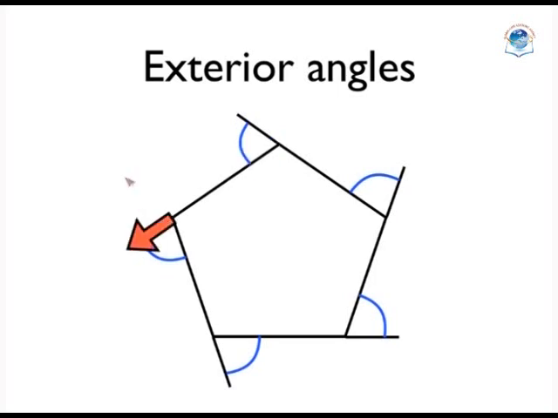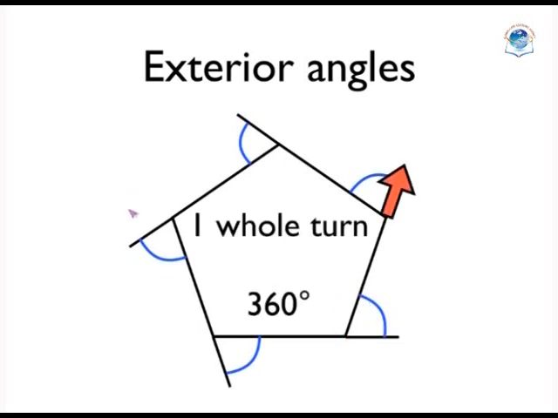We keep doing that, rotate and move. Rotate, move. Finally rotate and move back to where we started. Did you notice the arrow made a whole turn? This is the 360 degrees we are talking about.